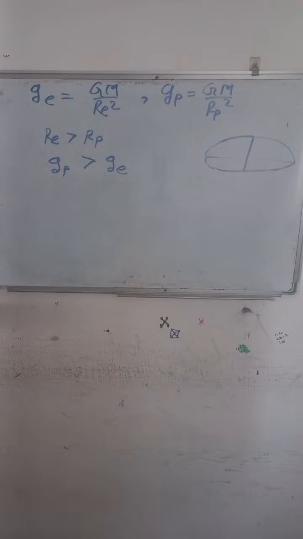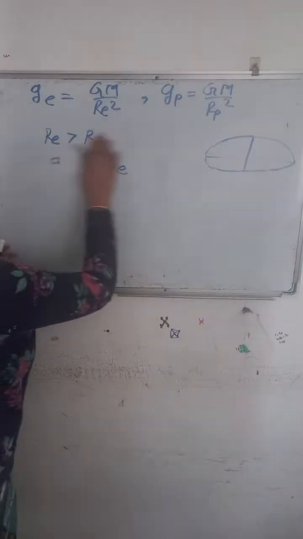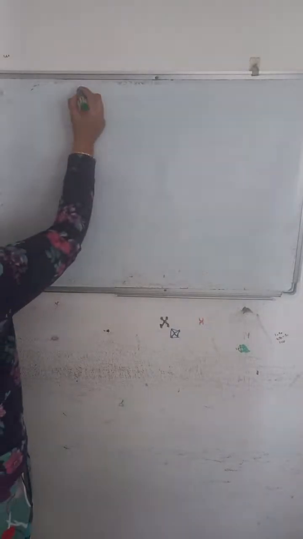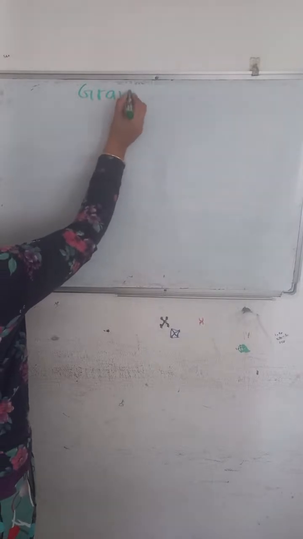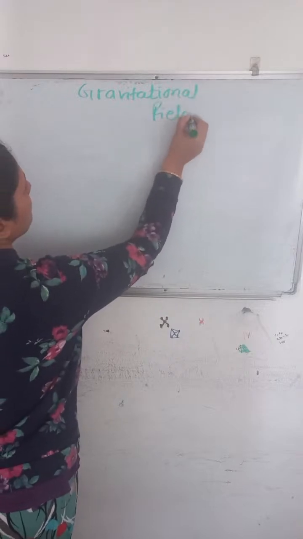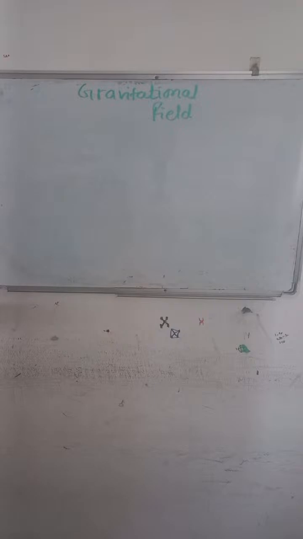Okay, now next is the gravitational field. The gravitational field is nothing but the space surrounding a material body, in which its gravitational force of attraction can be measured.